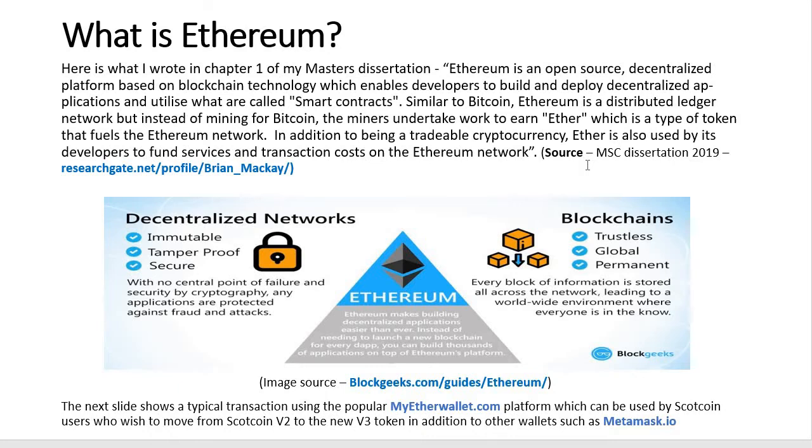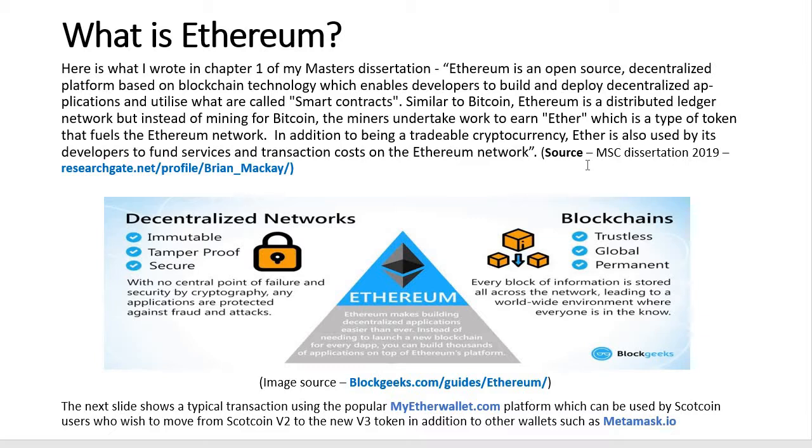Now, what is Ethereum? Here is what I wrote in chapter 1 of my master's dissertation. Basically, Ethereum is an open source, decentralized platform based on blockchain technology, which enables developers to build and deploy decentralized applications and utilize what is called smart contracts.